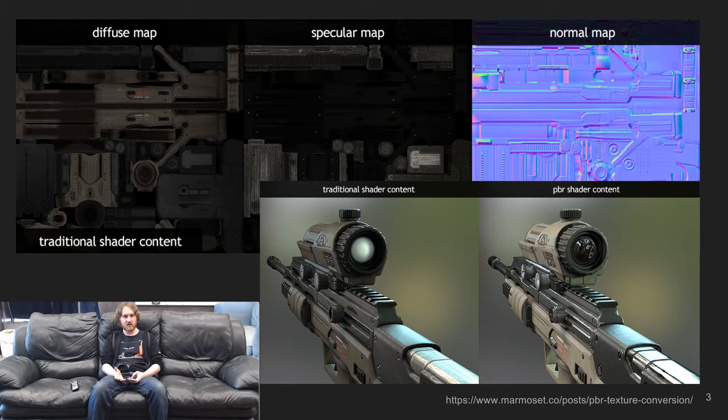But some of the pitfalls were with the diffuse map, getting shadows and things baked in. A lot of times shadows are dependent on the lighting of a scene, and this is where environmental assets really needed attention to the differences in lighting.